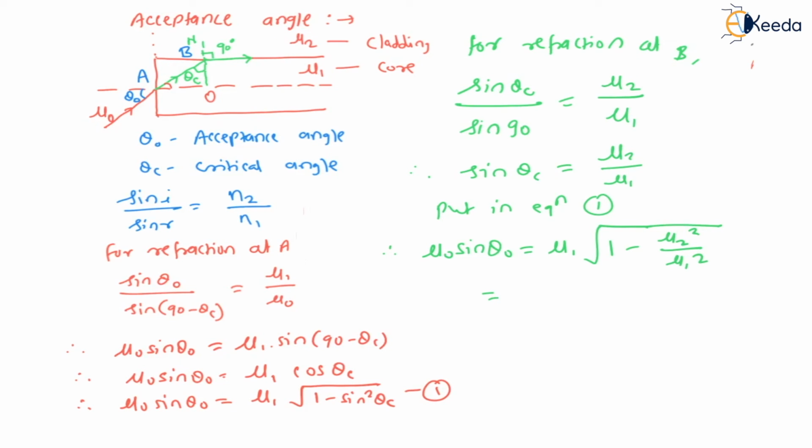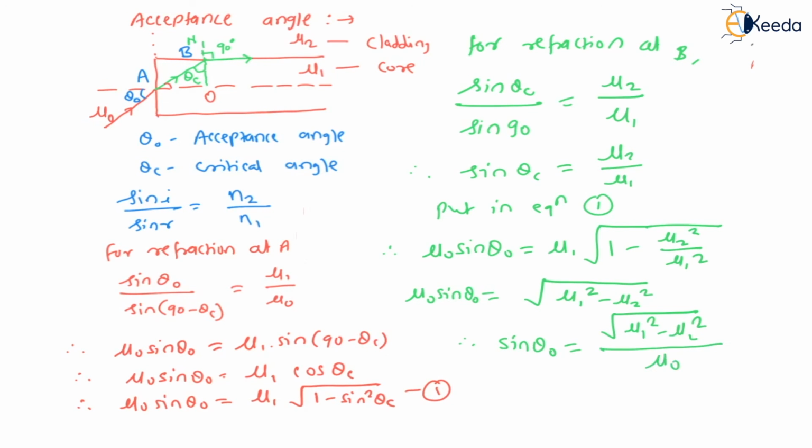If you solve this, we'll get under root mu1 square minus mu2 square. So this will be the value of mu naught sine theta naught, and then we will get the final equation as sine theta naught equal to under root of mu1 square minus mu2 square, whole divided by mu naught.